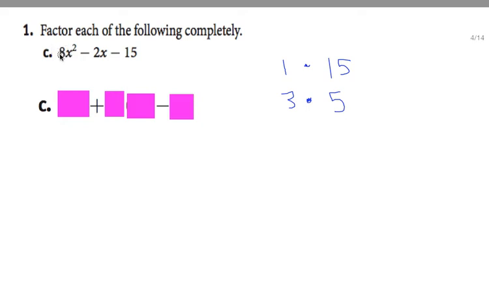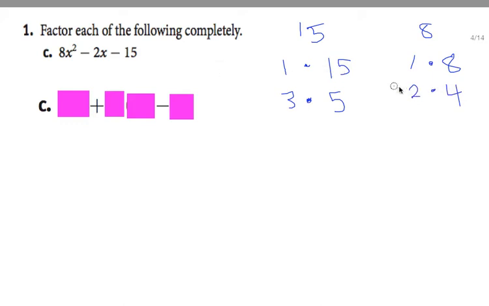We also have to deal with this 8 here. So the 8, this was to get 15. Now to get 8, we can have a 1 times 8. We can have a 2 times 4. I think that's it, right? 1 times 8 and then 2 times 4, right?